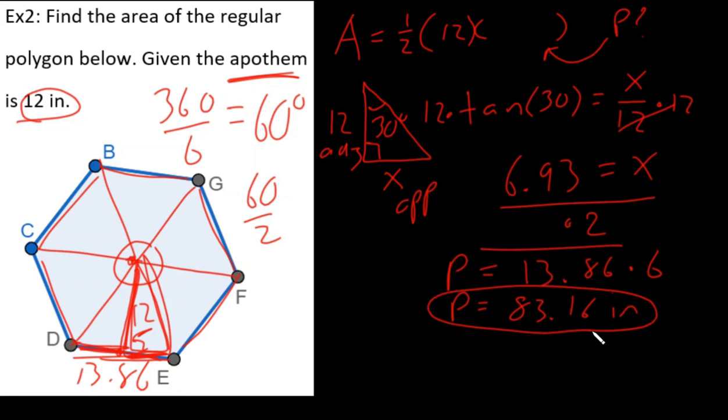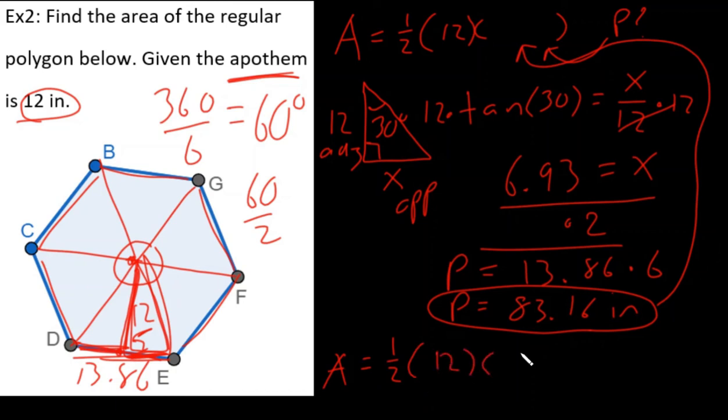Well, now that we have our perimeter, we can plug it back into our formula. And let me just rewrite our formula right here. A equals 1/2, parentheses, the apothem of 12 times the perimeter, 83.16. And when we multiply all of that together, we get, well, let's see what we get.